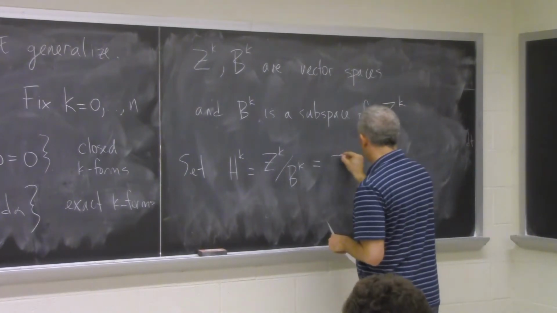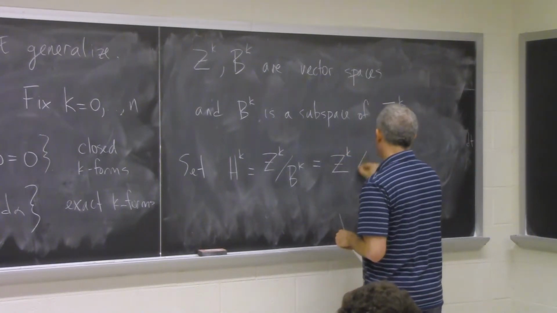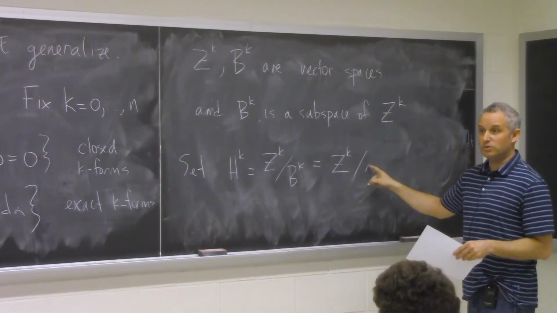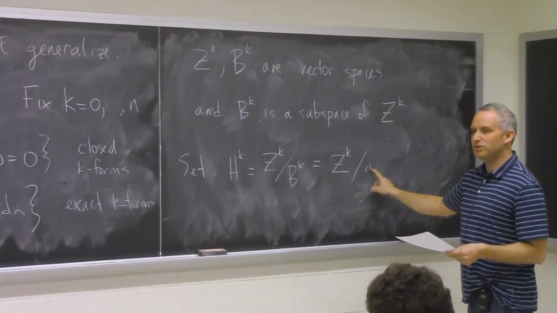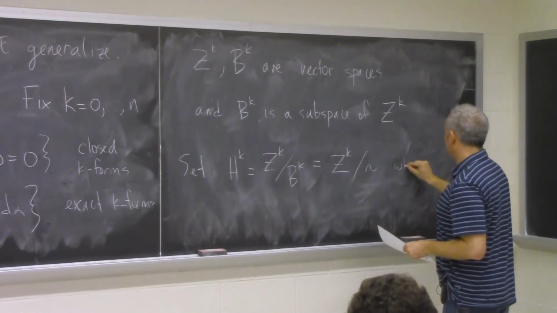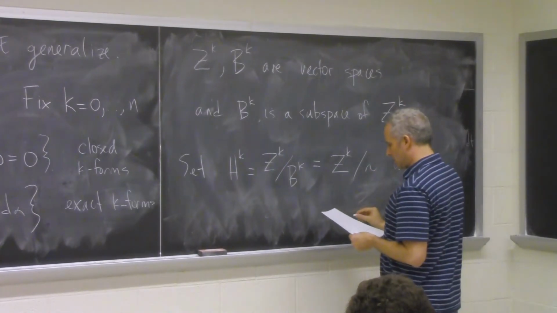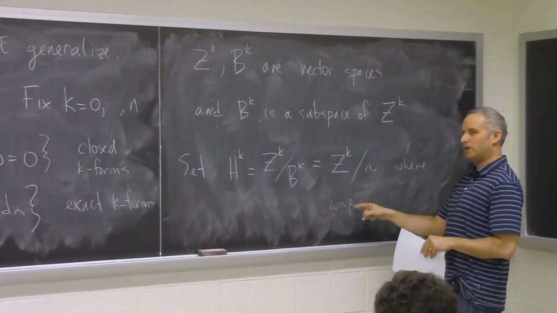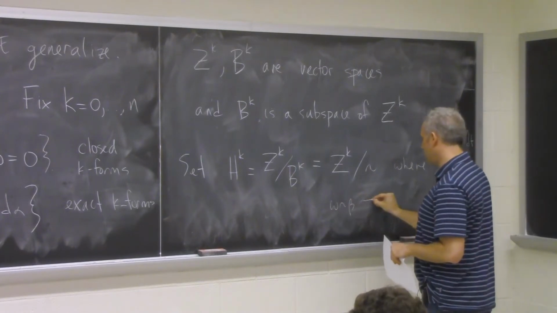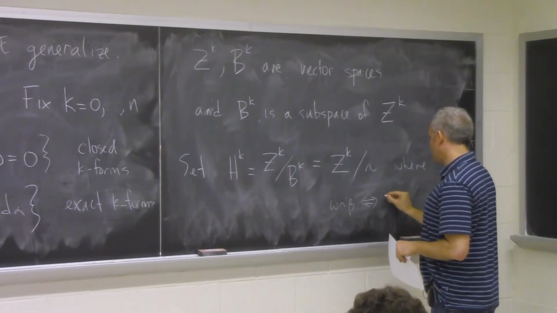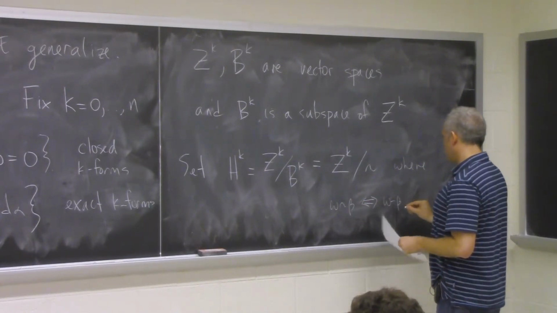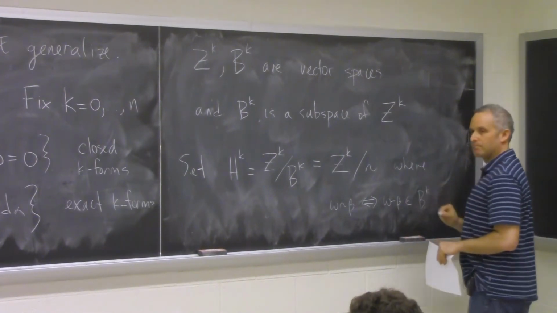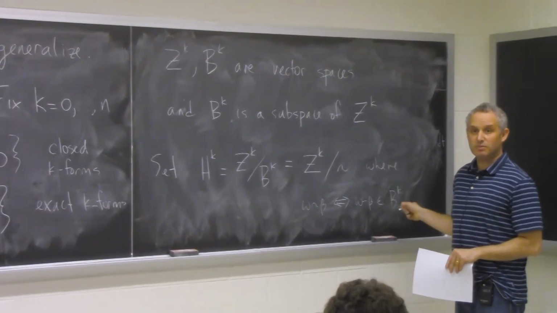This is Z^k modulo an equivalence relationship, which we've talked about. When are two things equivalent? Let's say omega is equivalent to beta. So omega and beta are closed forms, and they're equivalent. That just means that if we subtract them, then that difference is in B^k. It's d of something.